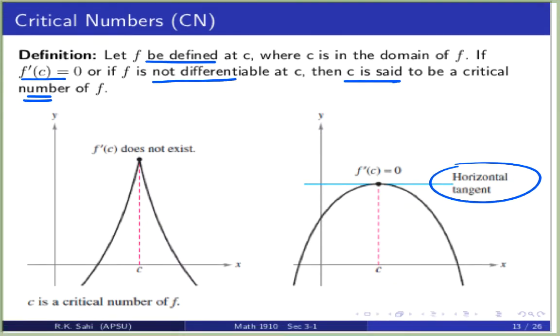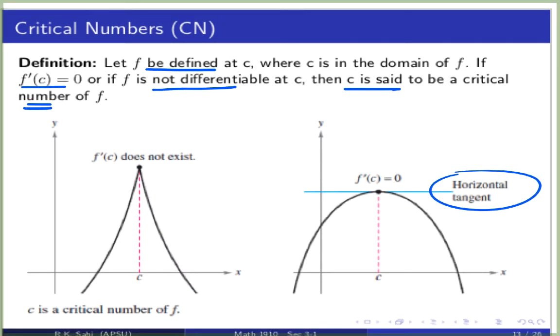What does a critical number say? A critical number: the function has to be defined at that point, and after that we look at two things: whether the derivative of that function is 0, meaning you have a horizontal tangent line, or whether the function is not differentiable at that point, meaning you have a graph like this.